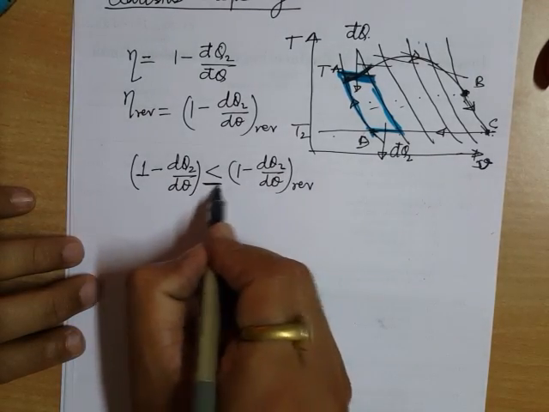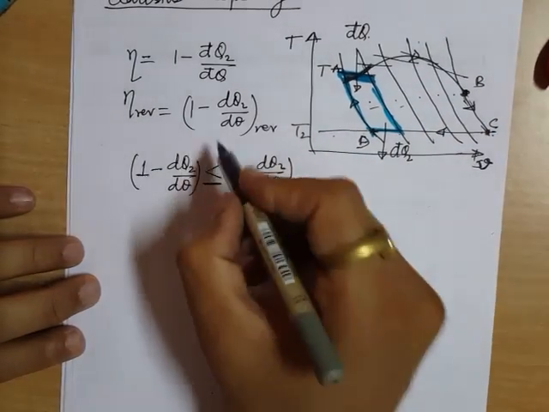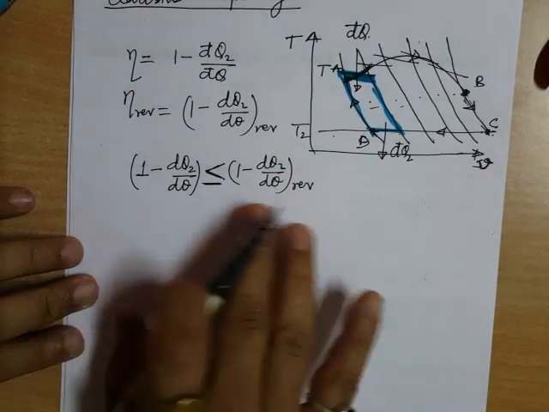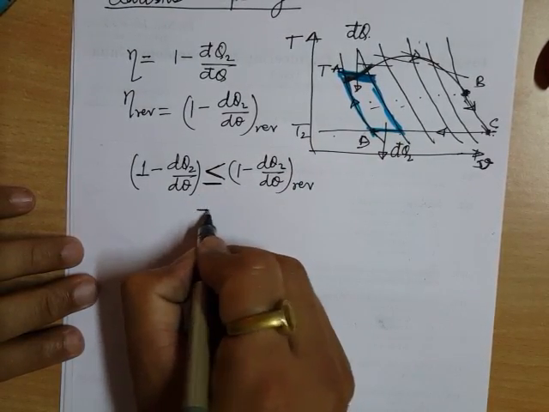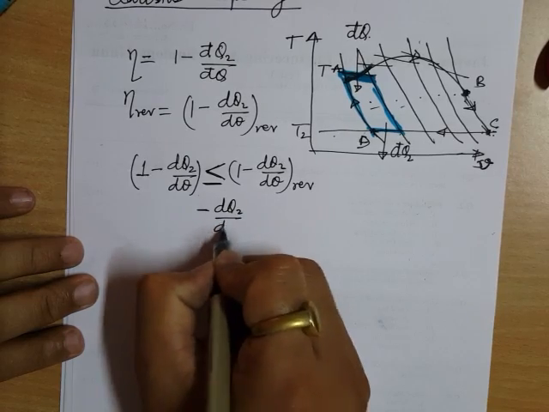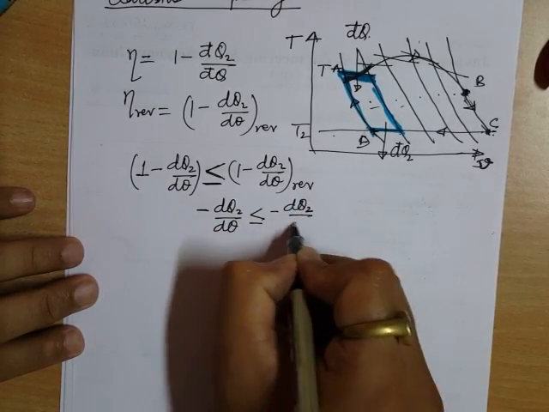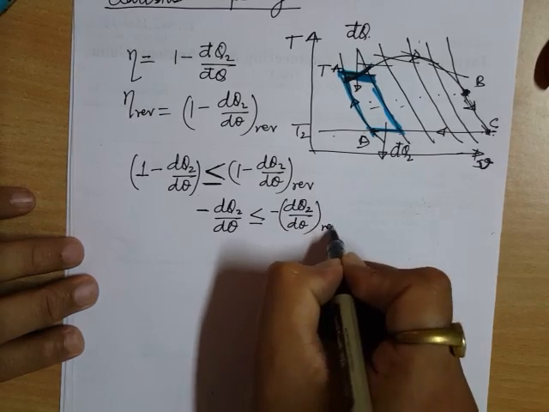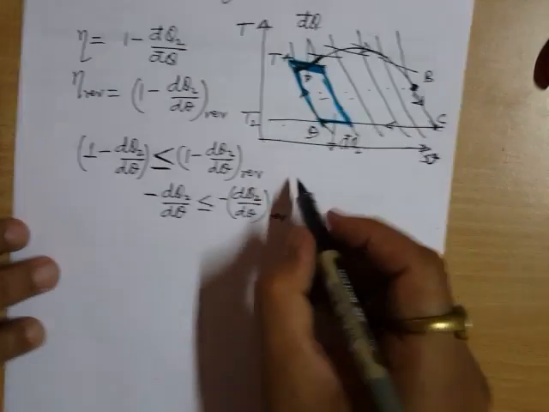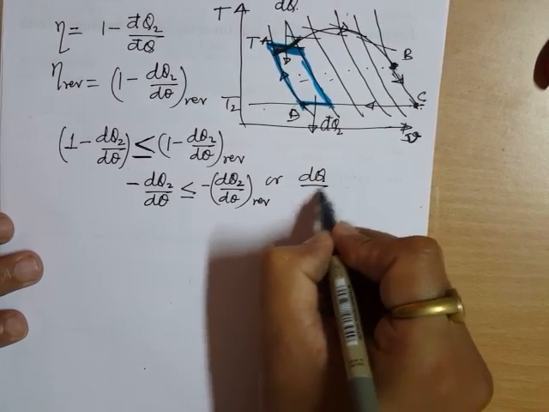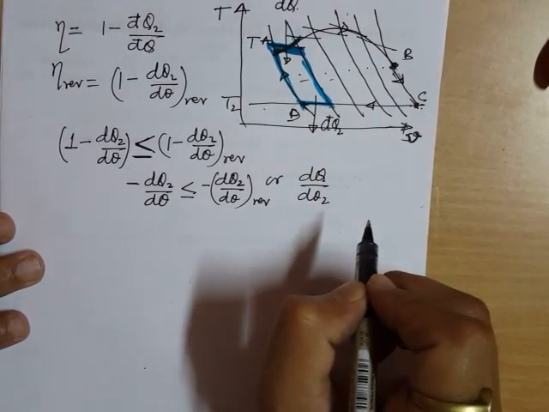This equality is for when this is reversible, and this inequality is when this is irreversible. So you can write that minus dq2 by dq will be less than or equal to minus dq2 by dq for a reversible case.